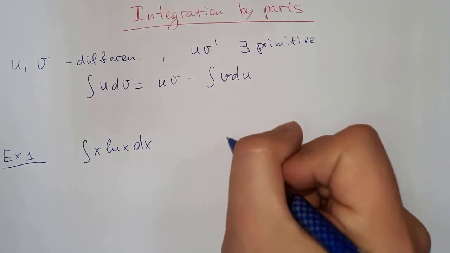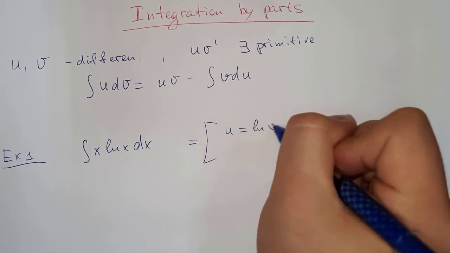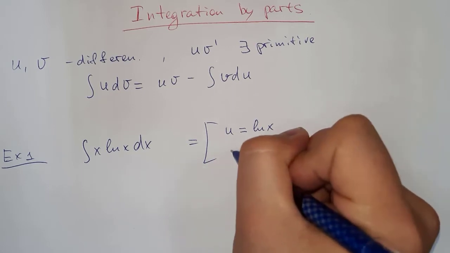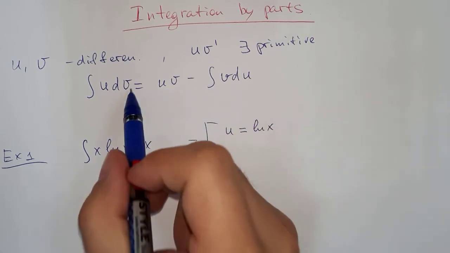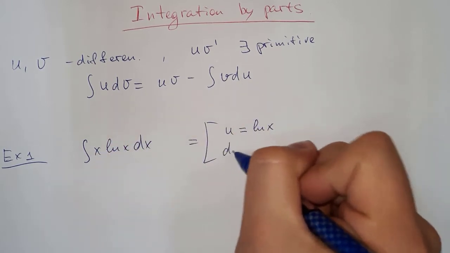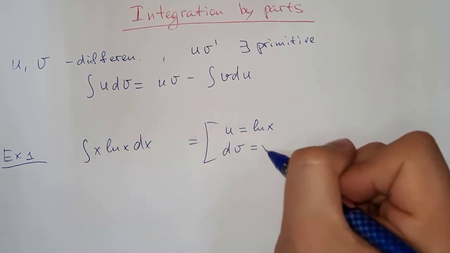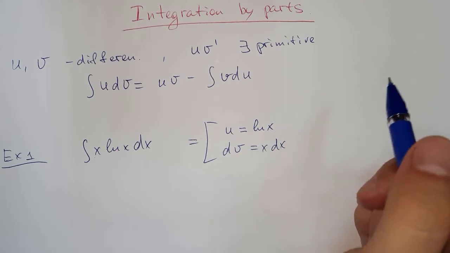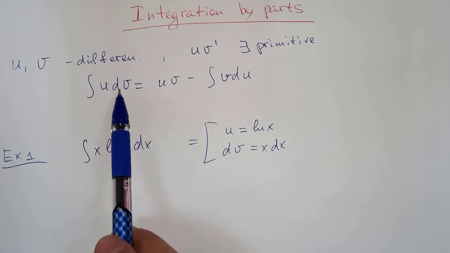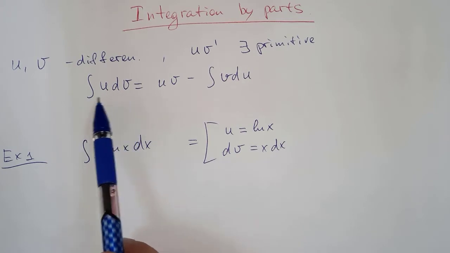Putting u as natural logarithm of x, and here we have u dv, so dv is x dx. We take as u the function natural logarithm of x, and then our dv will be x dx, because the form should be u dv.